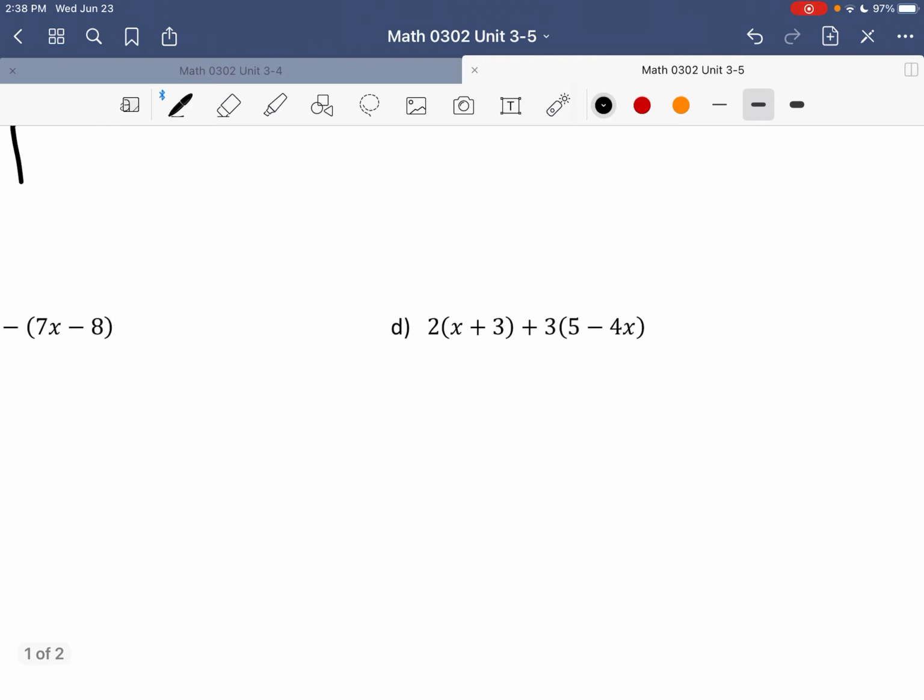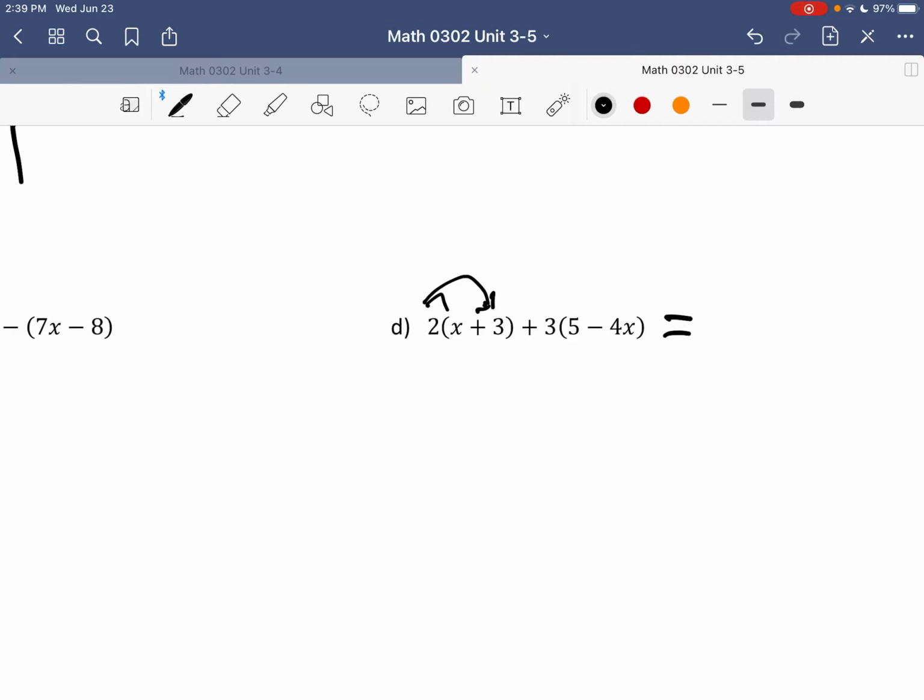Okay, part D. On part D here, we have a combination of parentheses, terms, and then terms in front of the parentheses. So for this one, on the first set of parentheses, we'll distribute everything by multiplying by 2.